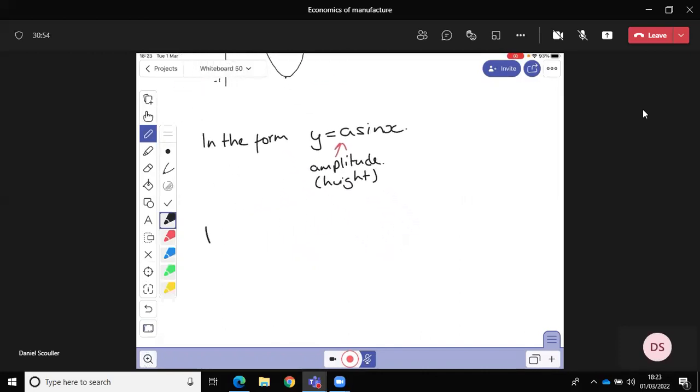We also looked at the form y equals a sine x plus b.